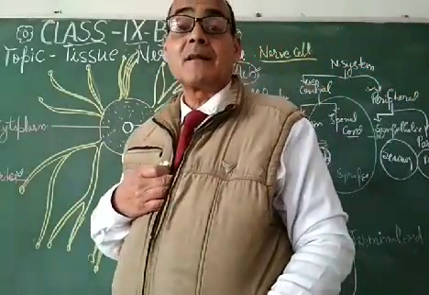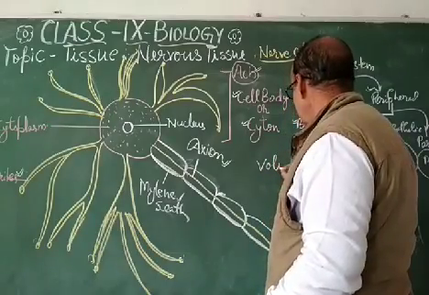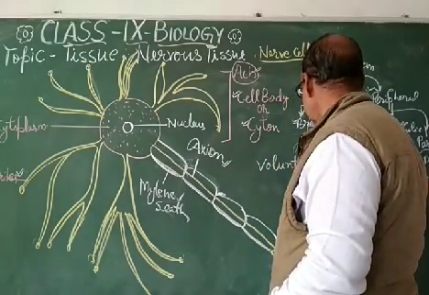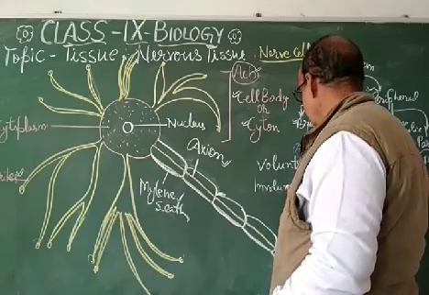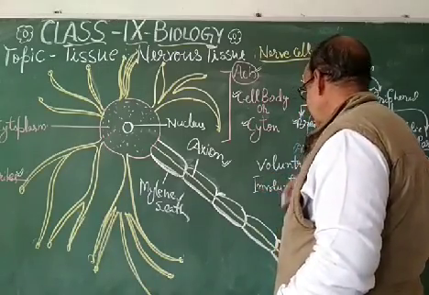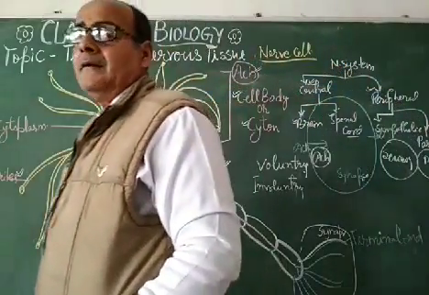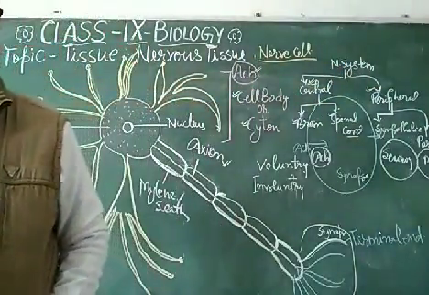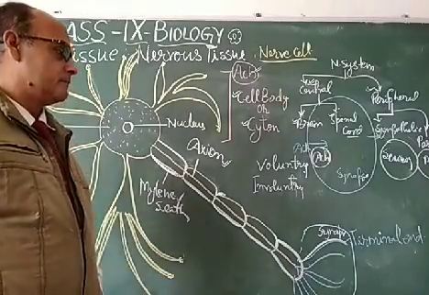Two types of nerves are there: voluntary and involuntary. Voluntary and involuntary types of nerves control all the functions outside the body and inside the body.